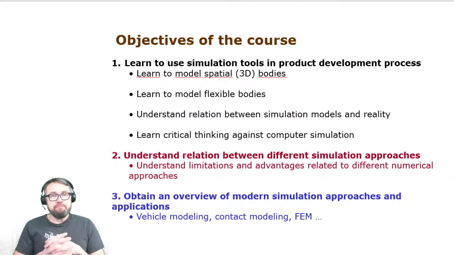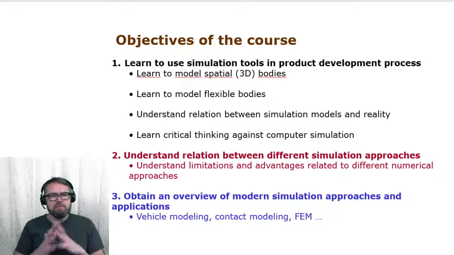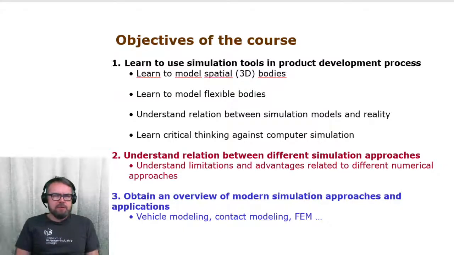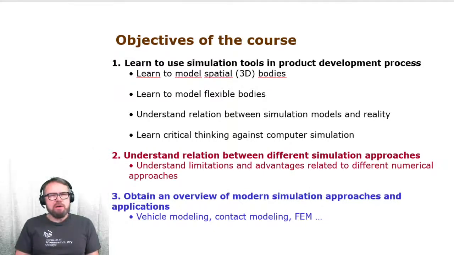Then another, much bigger subject matter is the modeling of flexible bodies. Every now and then there's a need to describe deformable bodies, bodies that are capable of deforming due to forces. This is typically because describing deformable bodies makes models more accurate. Sometimes it's not acceptable to use the assumption of rigid bodies, because the results do not agree with reality.